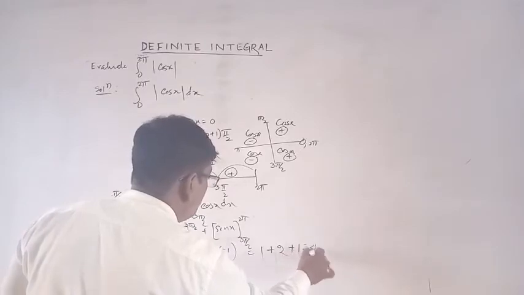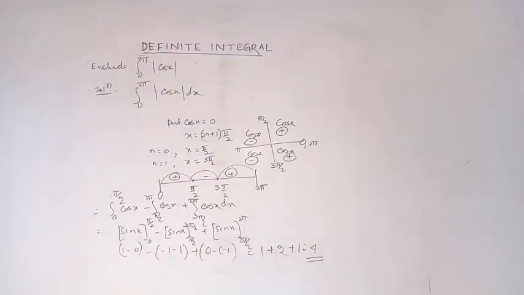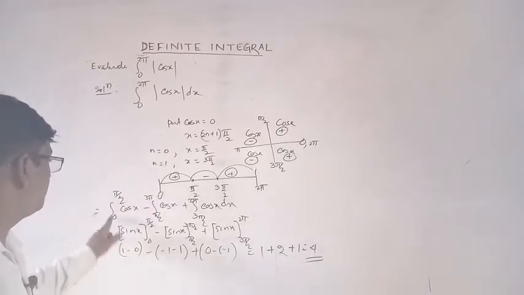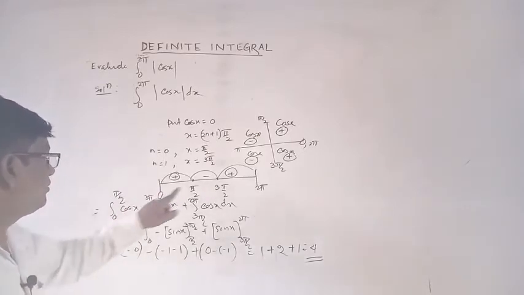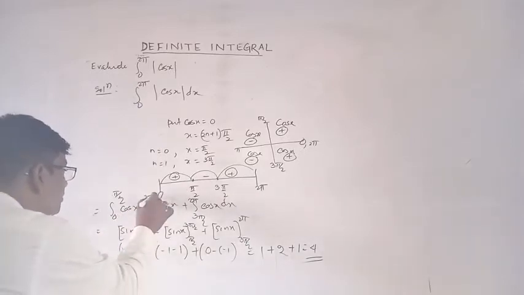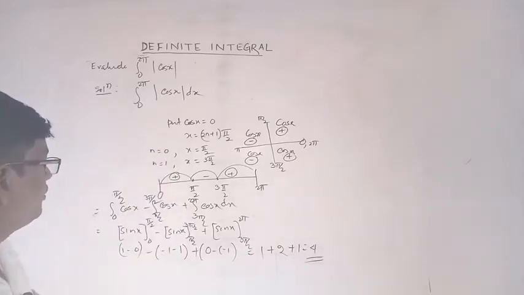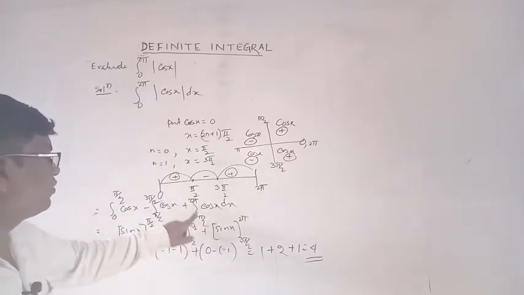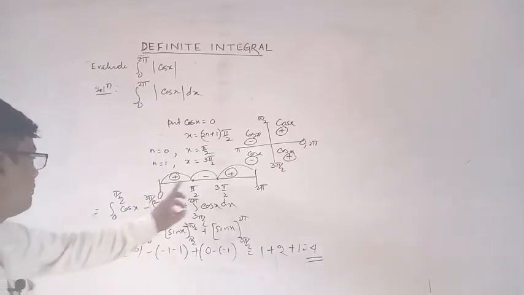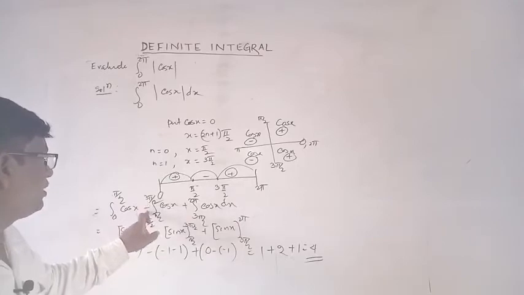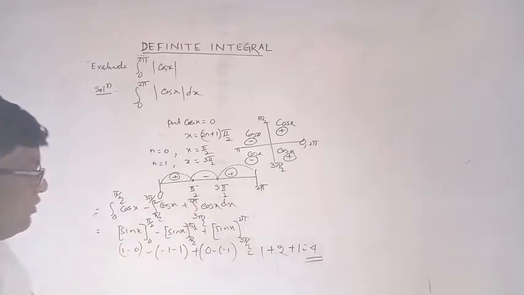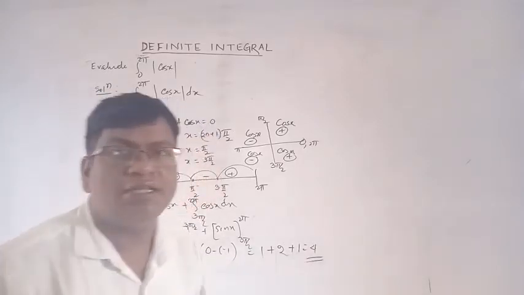So 4 is the answer. That is, 0 to pi by 2 has a plus sign, pi by 2 to 3 pi by 2 has a minus sign, and 3 pi by 2 to 2 pi has a plus sign. Then calculating, we get 4 as the answer.